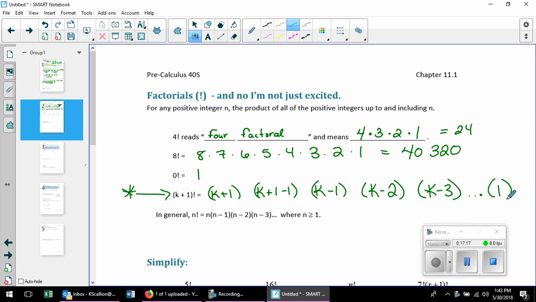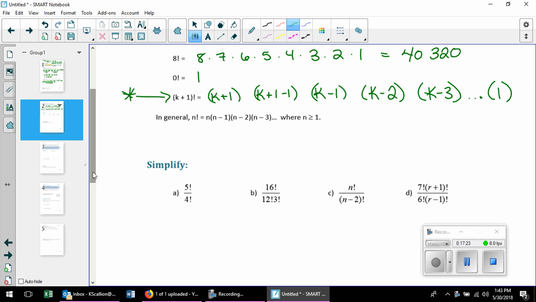Does that make sense? So in general, n factorial is n times n minus 1, n minus 2, n minus 3, when n is greater than or equal to 1, sorry.